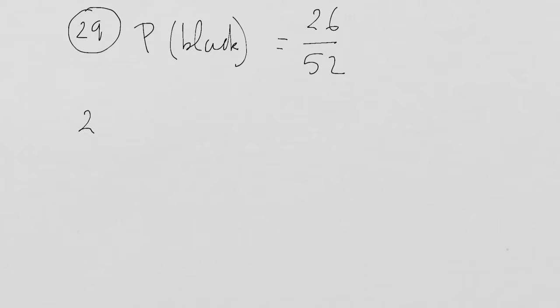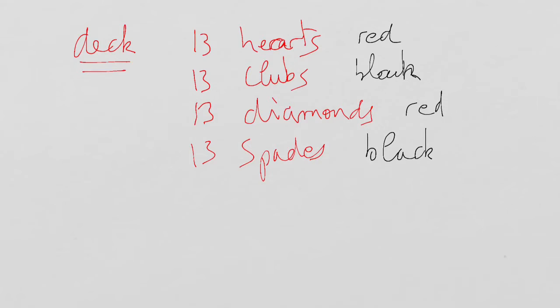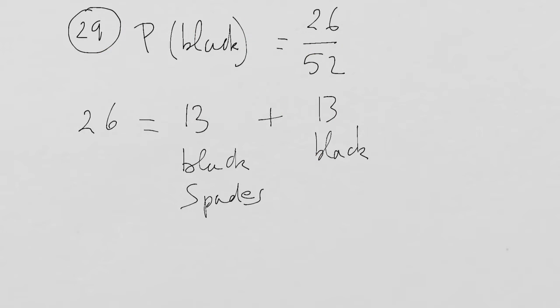Because 26 is equal to the 13 black cards corresponding to the spades plus the 13 black cards corresponding to the clubs. So at the end of the day, if you're trying to find the probability to have a black card from a deck, it's basically 50% chance. Okay?